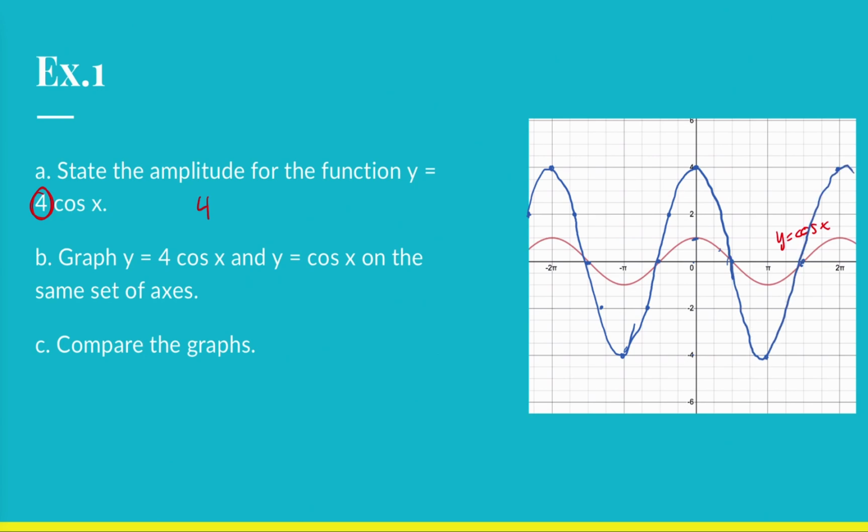Okay, so the effect of having the 4 out front is to stretch the entire function vertically by a factor of 4. So the high points are 4 times as high, and the low points are 4 times as low. So y equals 4 cosine x.